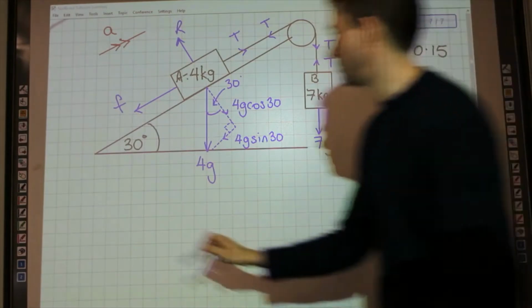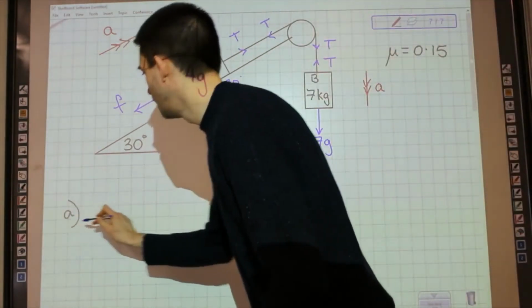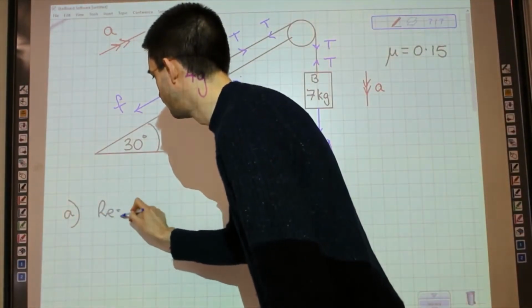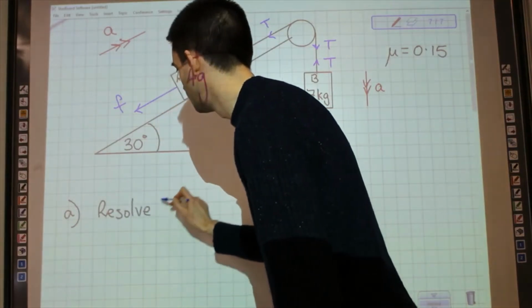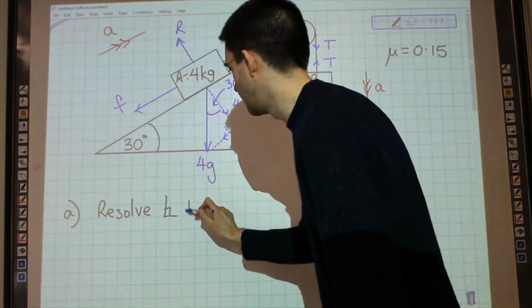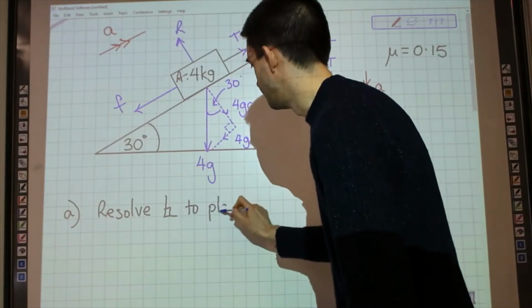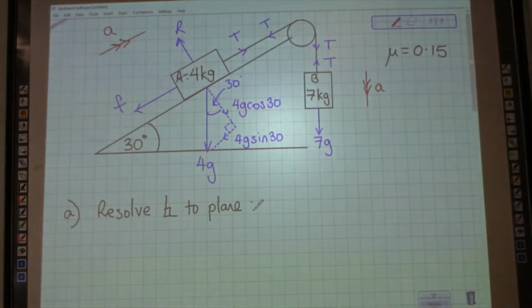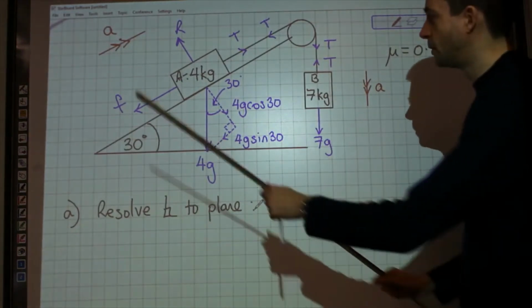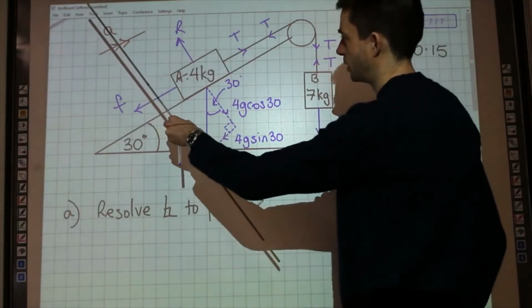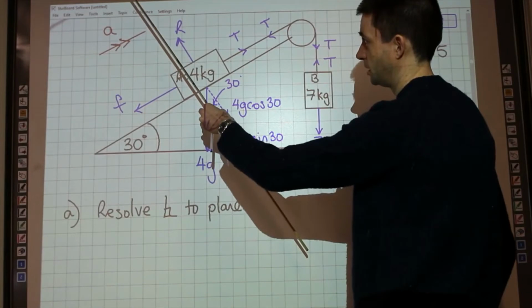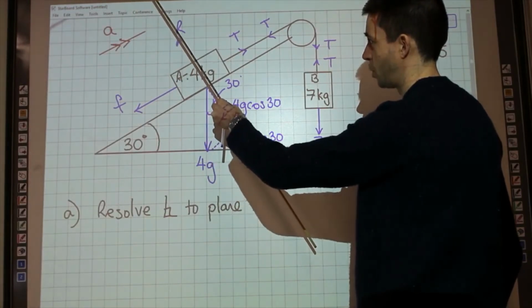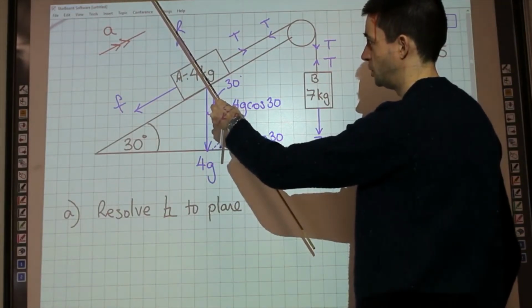So, let's begin with part A. The first thing that we always do is that we resolve perpendicular to the plane. And when I talk about perpendicular to the plane, I'm talking about any forces that, if I move a ruler across here, are acting along the ruler. So as I hit this point here, I can see that I've got two forces.